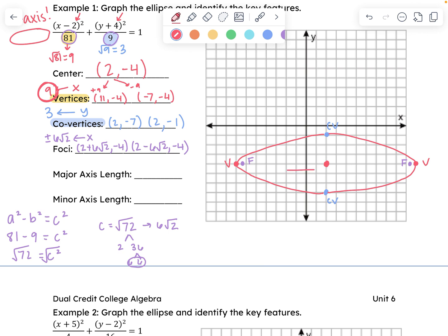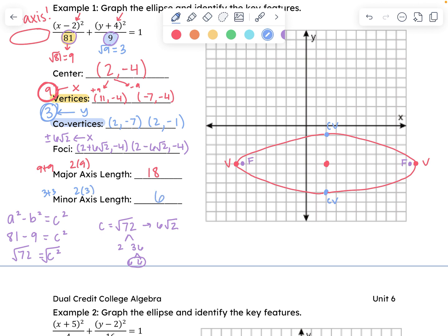So I went 9 this way and 9 this way. So I could do 9 plus 9 and get 18, or 2 times that 9. The minor axis, same thing, but it's the shorter one. We can cheat code it: we've got 3, so we went up 3 and down 3. So I'm going to have 3 plus 3, or 2 times 3, which is 6.